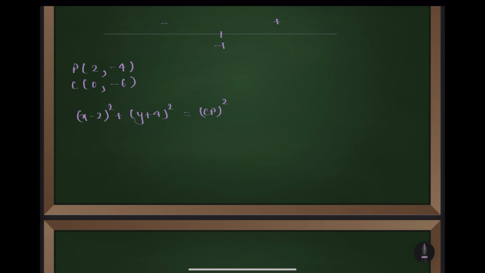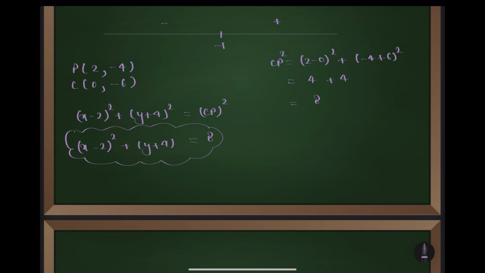So CP square will be (2 minus 0) whole square plus (-4 minus (-6)), so plus 2 square. So it is 4 plus 4. So it is 8. So the required equation is (x minus 2) whole square plus (y plus 4) whole square equals 8. So this is your required equation of the circle.